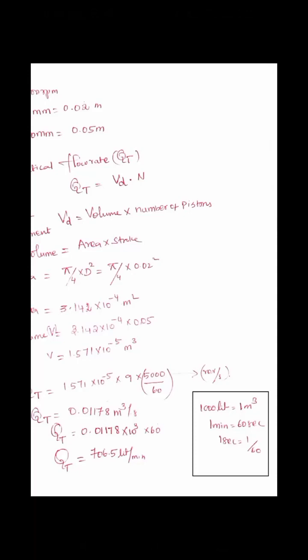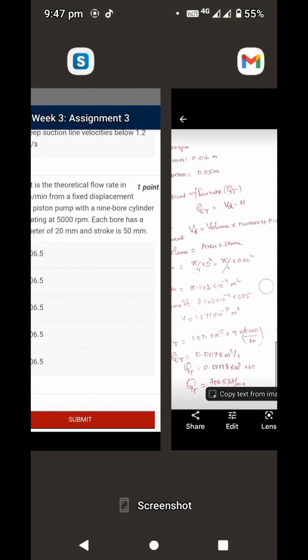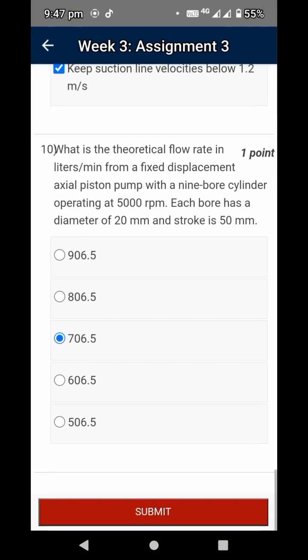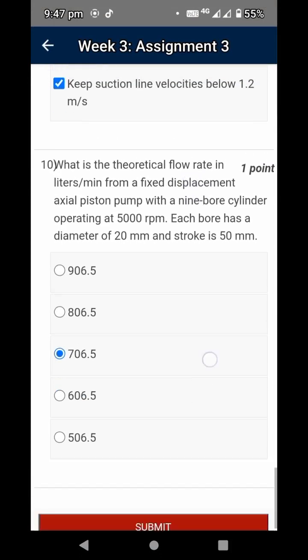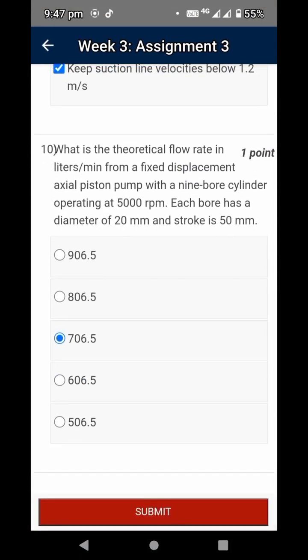Instead of seconds I apply 1 by 60, so 60 will go upward, and then 0.01178 into 10 power 3 into 60. So we got the answer 706.5 liters per minute. Check out the options. The same option is available, 706.5. So the question number 10 answer is 706.5 liters per minute.